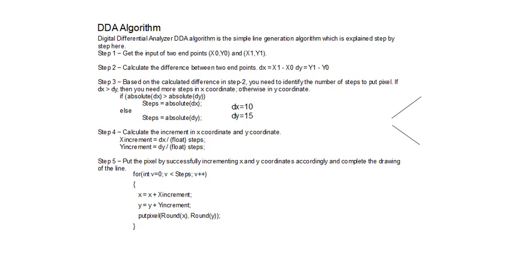So in both the cases, whether your steps is equal to dx or your steps is equal to dy, whichever coordinate is having the lower value of change, the line will generate the staircase effect on that particular coordinate.